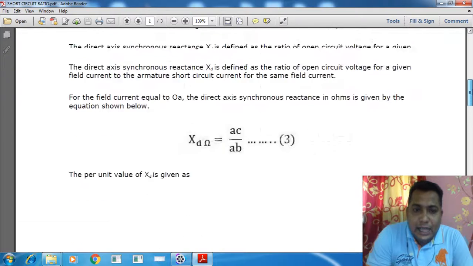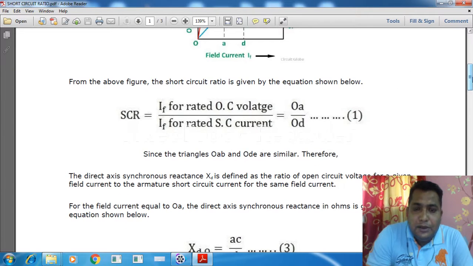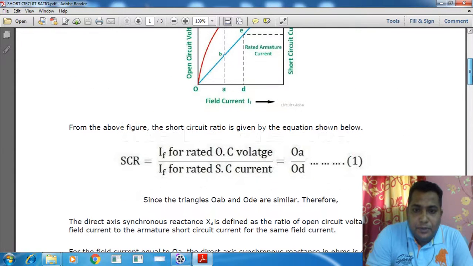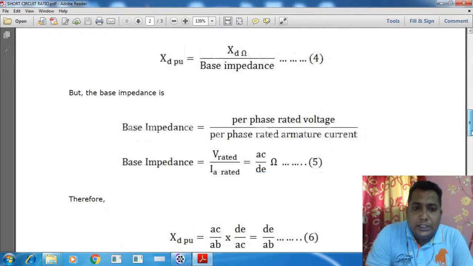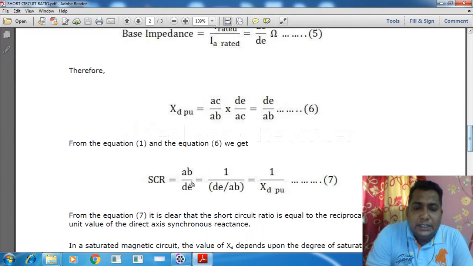This SCR, follow my pointer very carefully. Okay, from the equation 1 and 6 we get SCR is equal to AB by DE, and if we take this AB below DE, what we get? DE by AB. So 1 by DE by AB.